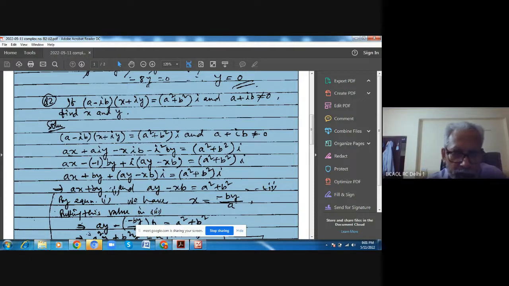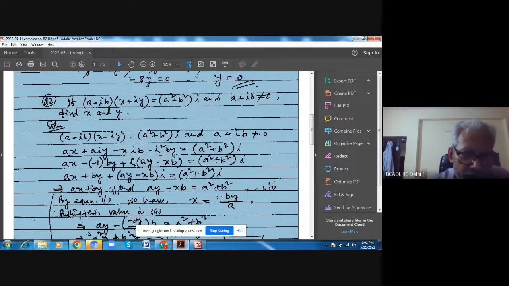So we can put a minus 1, and by is as it is. Then plus, here you take iota common. In the bracket, ay is here, then minus xb. Bracket close. And the right hand side is simple.